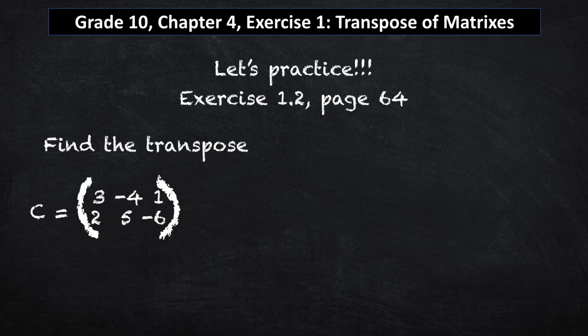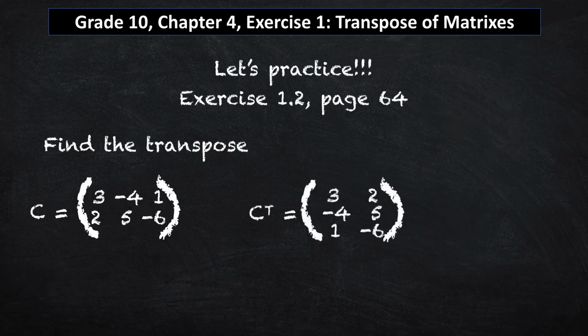This matrix has 2 rows and 3 columns, so its transpose will be a matrix that has 3 rows and 2 columns. In this way, you can see that the first column in the matrix C has the elements 3 and 2 that are now located in the first row in the transpose matrix.